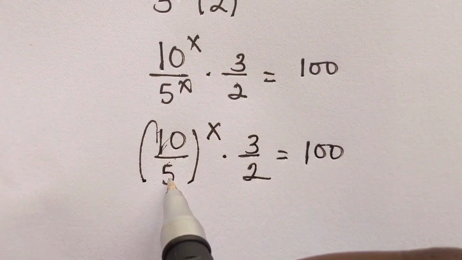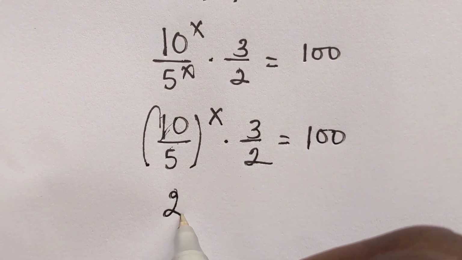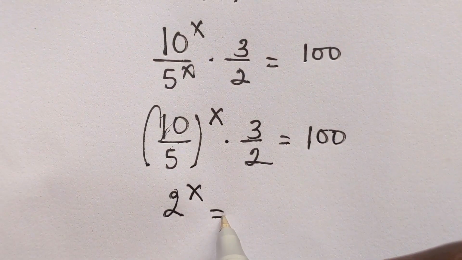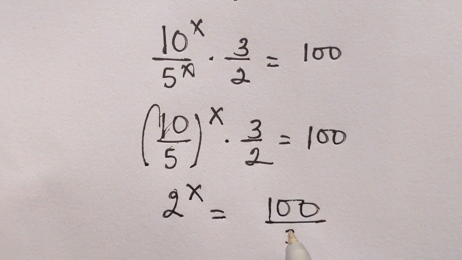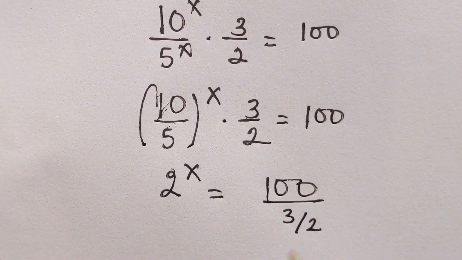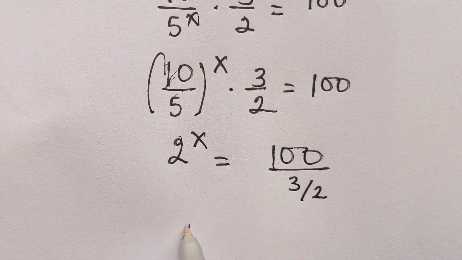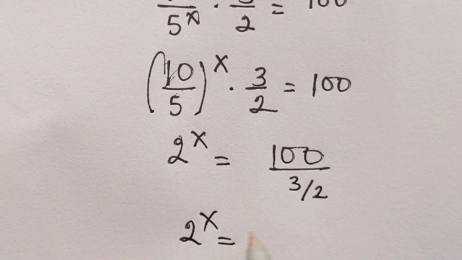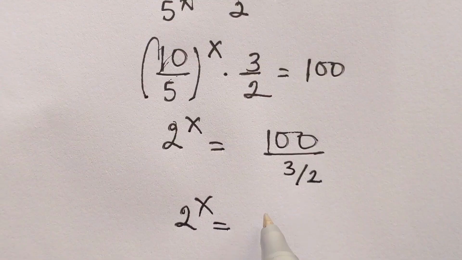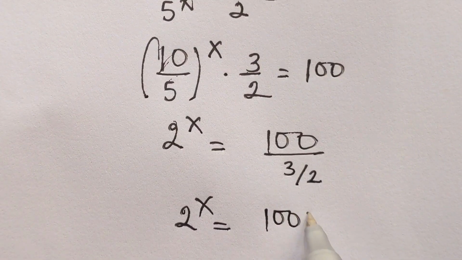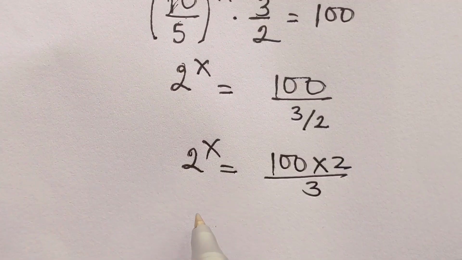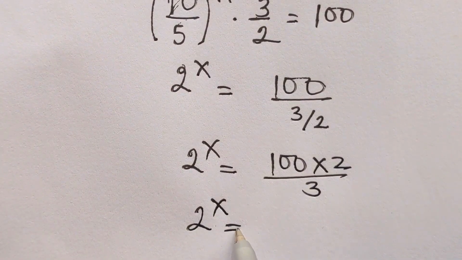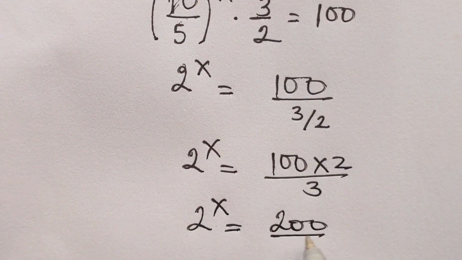And of course 10 divided by 5 is 2, so 2^x equals 100 divided by 3 over 2. By exchange we get 100 times 2 over 3, so 2^x will be 200 over 3.